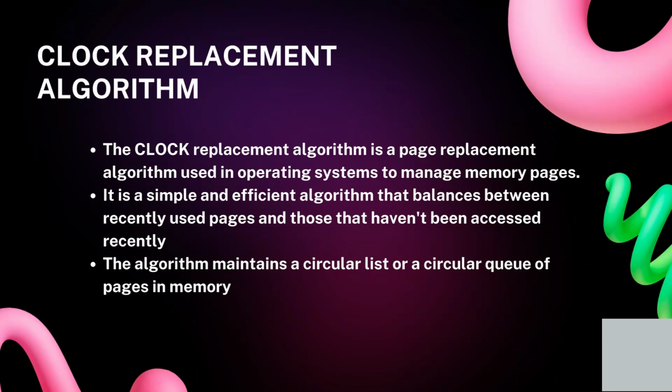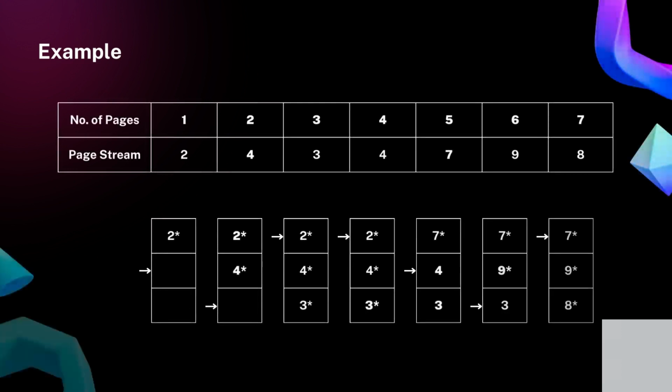The algorithm maintains a circular list or circular queue of pages in memory. Here is an example of the clock replacement algorithm using a page stream. I have 7 pages, and each page in the stream is assigned a random number: 2, 4, 3, 4, 7, 9 and 8.